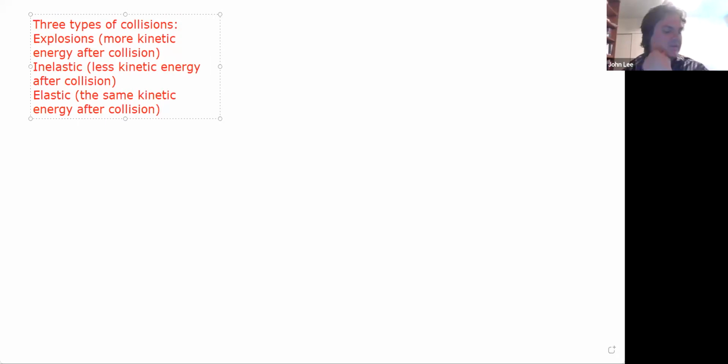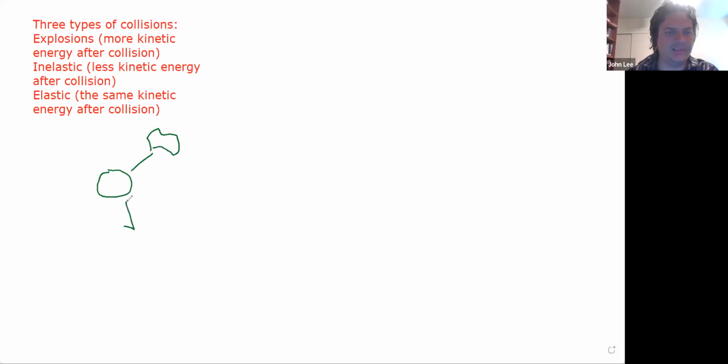So for an explosion, what you might see is one mass breaking up into multiple masses.